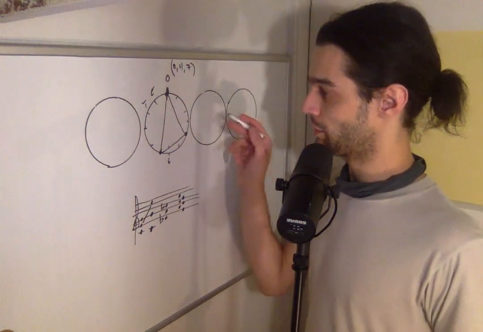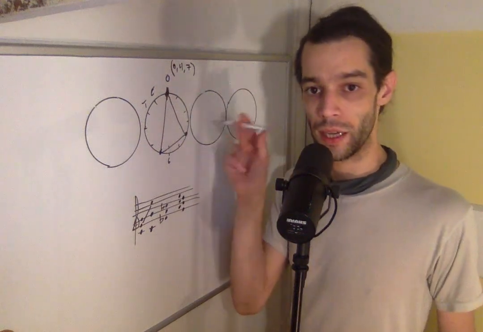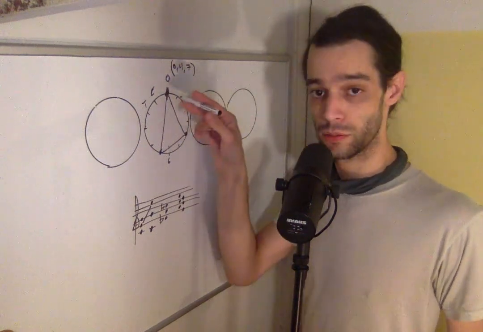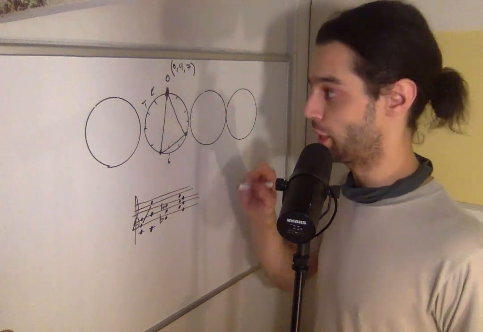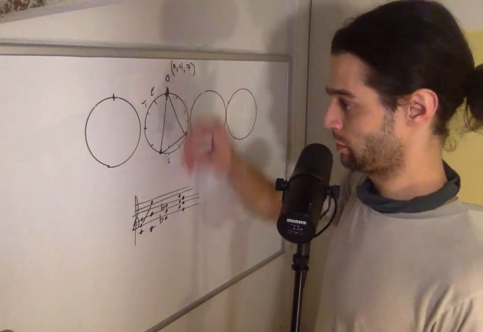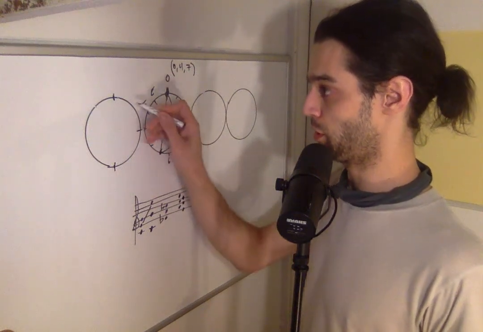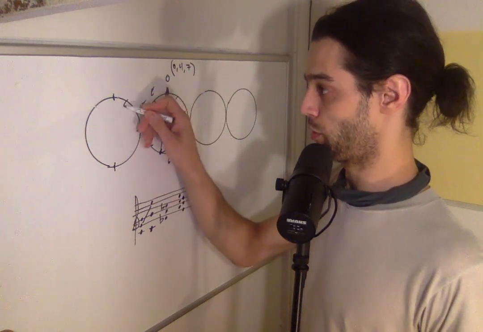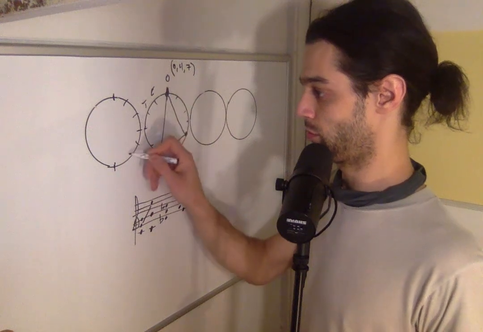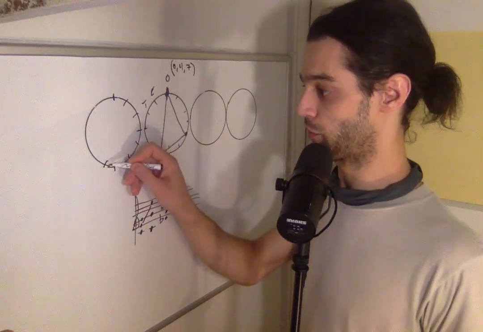So let's map out the same starting point, 0, but with a minor triad. So I'll do that over here. Okay, so that's the 6 right there. This would be a 3, 0, 1, 2, 3. Okay, so this is the 7 over here.